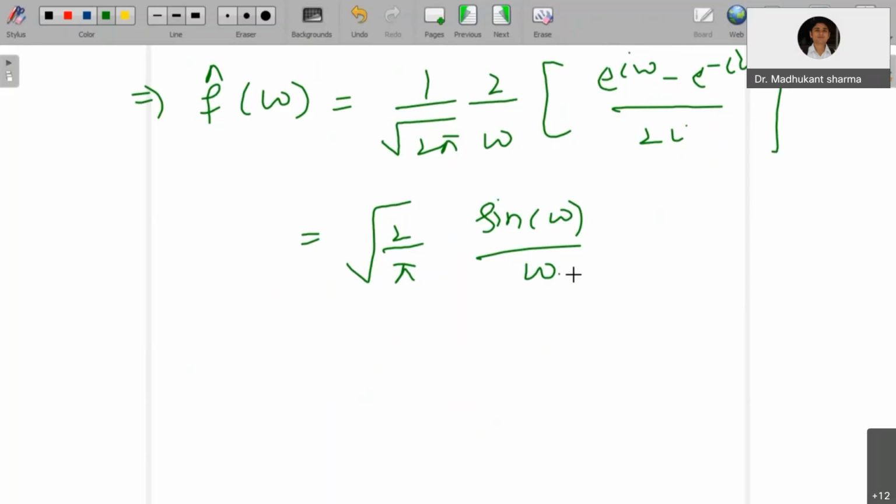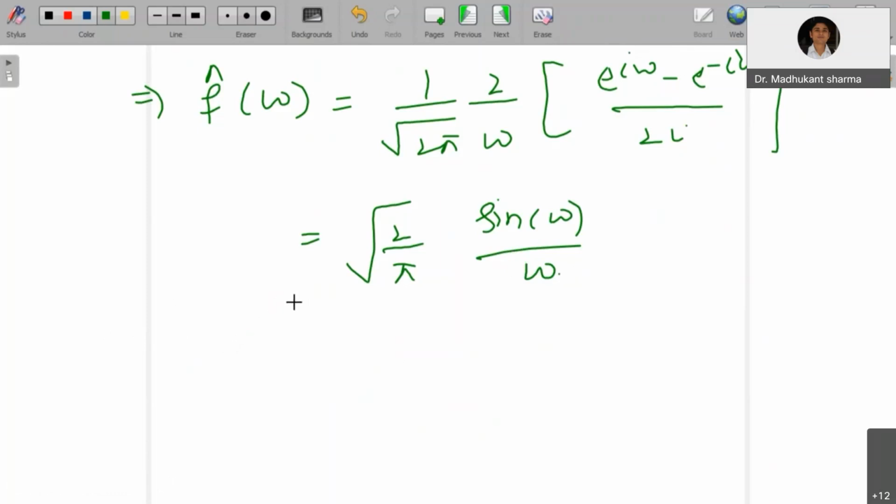Now, what it will give you, okay. Now, if you look at back also, this is a Fourier transform of f.